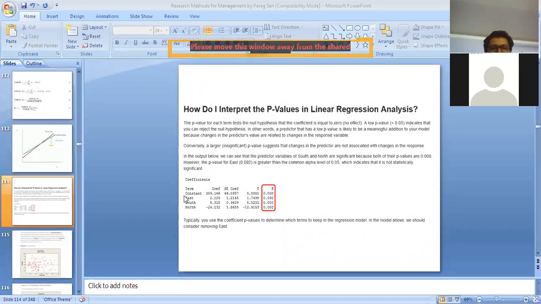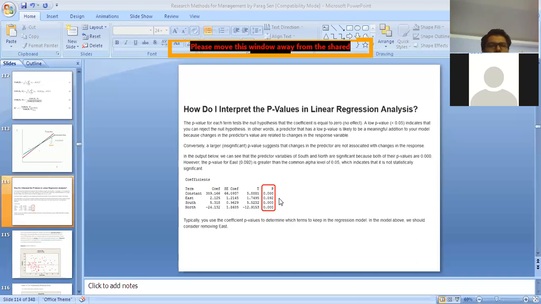And you can see that for the variable east, the p value is 0.092. Usually the alpha value is chosen as 0.05. So your p value is greater than that, so you cannot reject your null hypothesis.